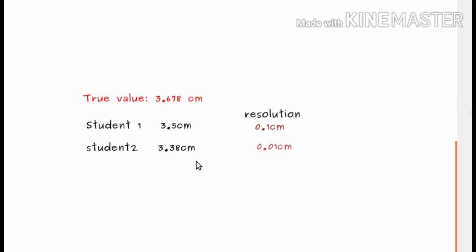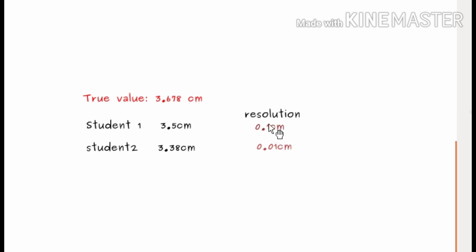Suppose that we have measured a true value of length 3.678 centimeter. Understand? So now the experiment of the first student: he measured the value 3.5 centimeter by some instrument having a resolution of 0.1 centimeter. So you will be confused here about what the resolution is.